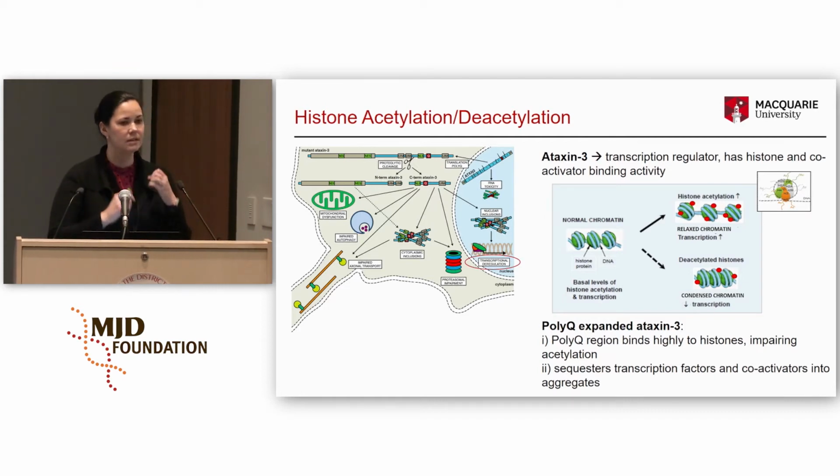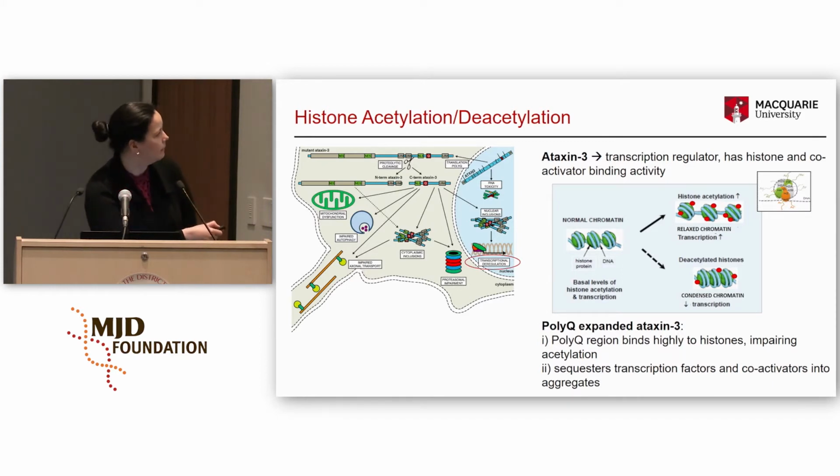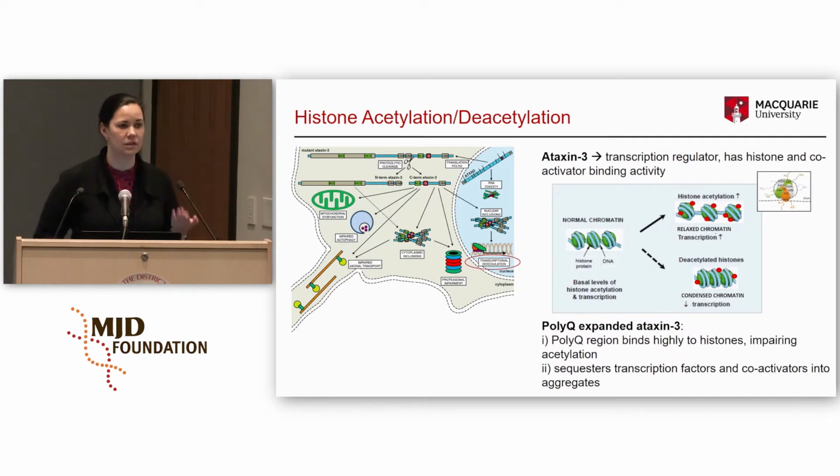Histones are proteins that have DNA coiled around them, and the histones can be modified with acetylation, which you can see as these red dots. If there is a lot of acetylation, then this coiling becomes relaxed and you end up with increased transcription levels, and that leads to increased protein expression.